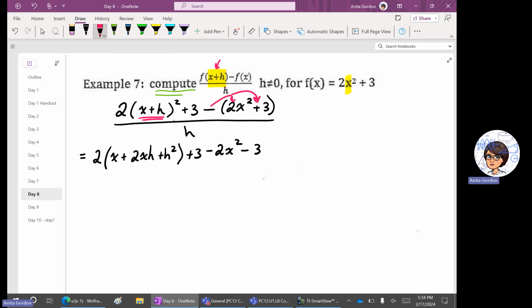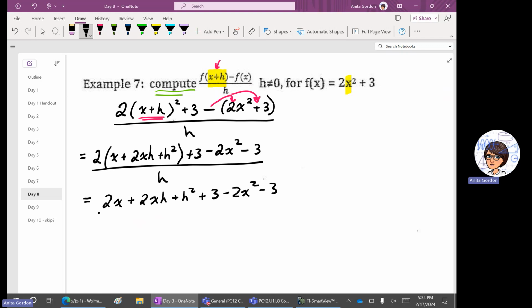So I've expanded these brackets and distributed that negative, and I still have an h in the denominator. Then I continue expanding: 2x plus 2xh plus h squared plus 3 minus 2x squared minus 3, all over h.